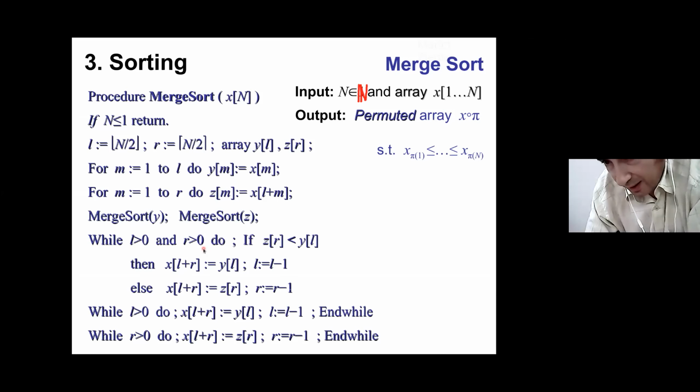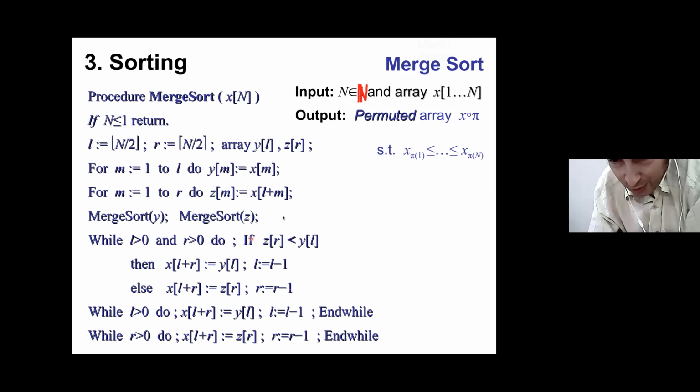After executing this, I have a sorted array Y, which contains the sorted list of the first half of the elements of X, and a sorted array Z, which contains the sorted list of the second half of the elements in X. But the problem is that not every element in Y is less than or equal to every element in Z. So you need some recombination procedure, and this is the reason why there is always this copying.